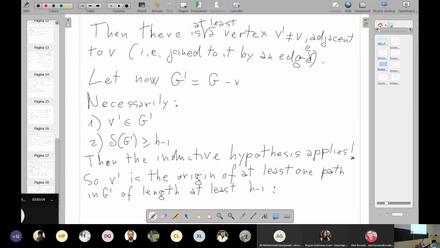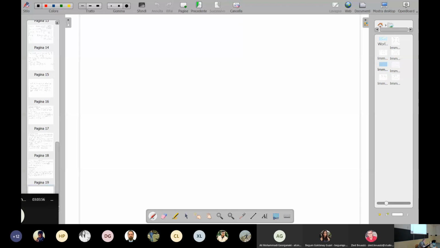This path will be V prime equals, let's call it V1. Okay? And then E1, V2, E2, and so on, up to EH minus 1, VH.